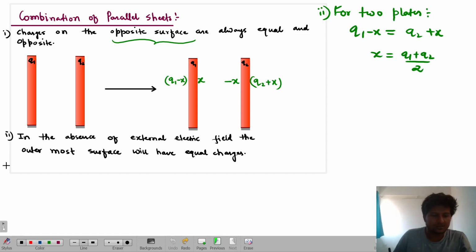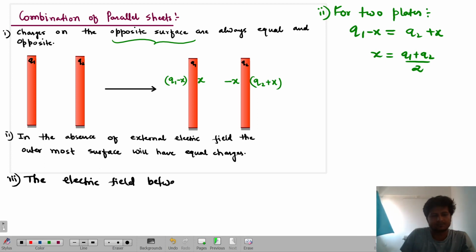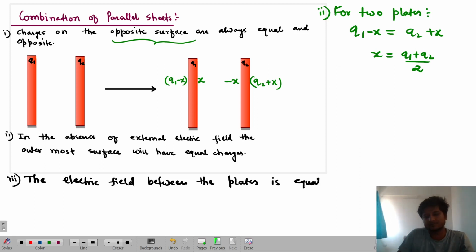Okay, then the third important point is that the electric field between the plates is equal to Q inner by A epsilon.